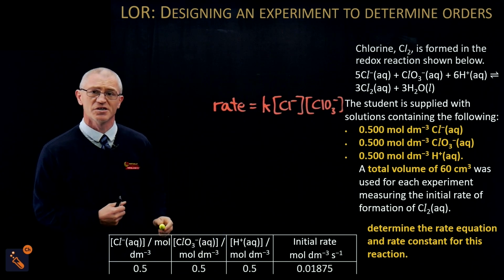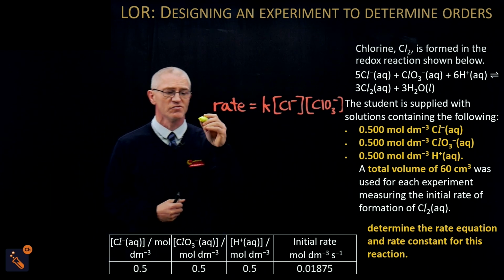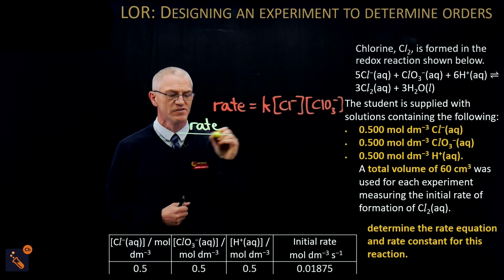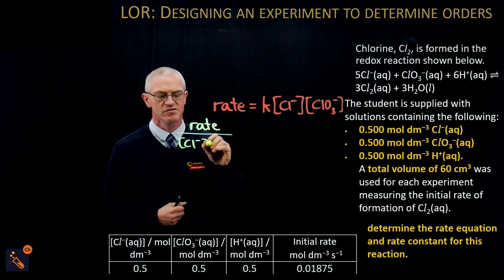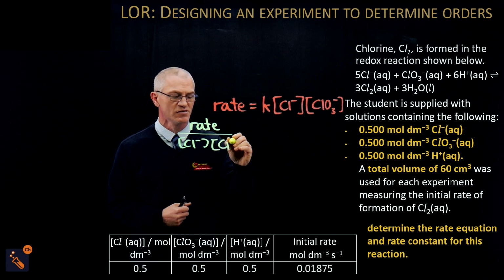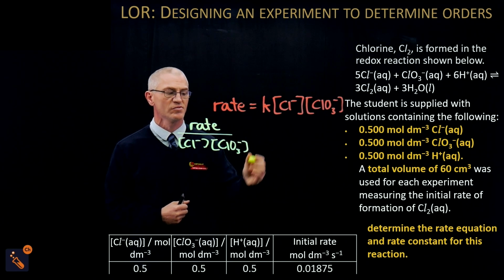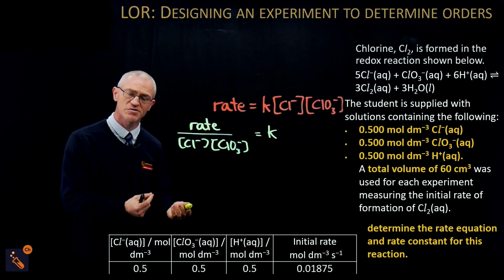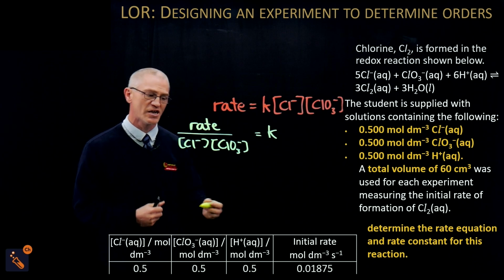From that rate equation, we can do some quick rearrangement and just say rate divided by [Cl-] and [ClO3-]. They're both first order, remember, and that is going to be equal to K. So we've got a rate equation, and all we have to do now is put the numbers in.